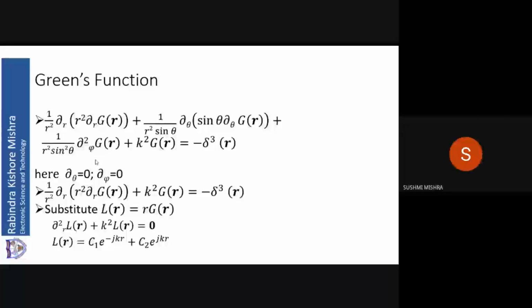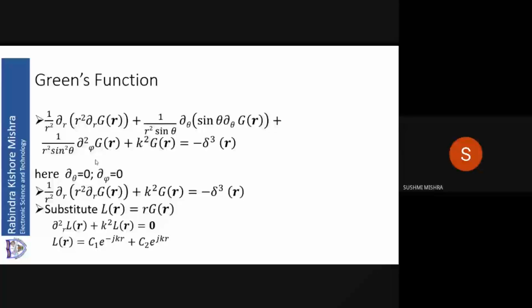As you keep on increasing r, this function will become effective. In the other case, it is an inward propagation. E to the power jkr is an inward moving wave or inward moving function, whereas e to the power minus jkr is an outward moving function.